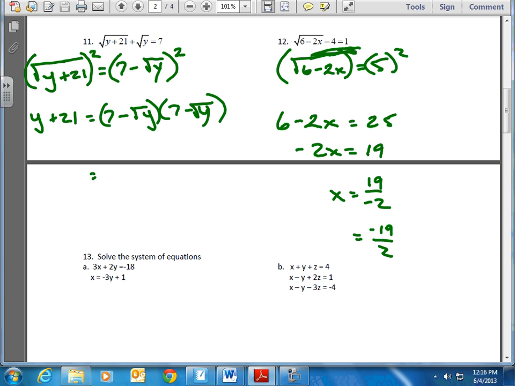So I multiply the 7 times the 7, first term; 7 times the negative square root of y, outside terms; multiply the inside terms, negative 7 square root of y; and multiply the last terms. Square root of y times square root of y is just y. Negative times a negative is a positive.